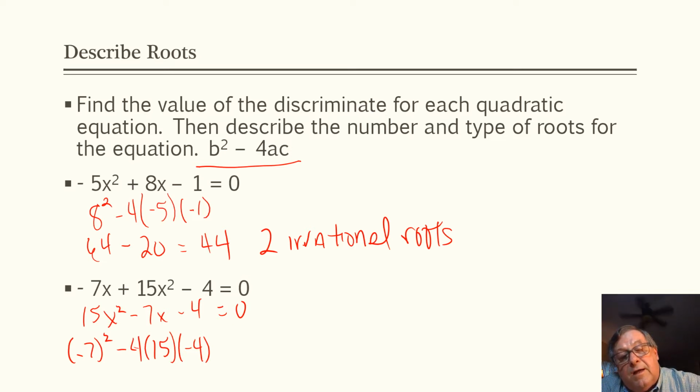Well, negative 7 squared is 49. And negative 4 times 15 is negative 60.